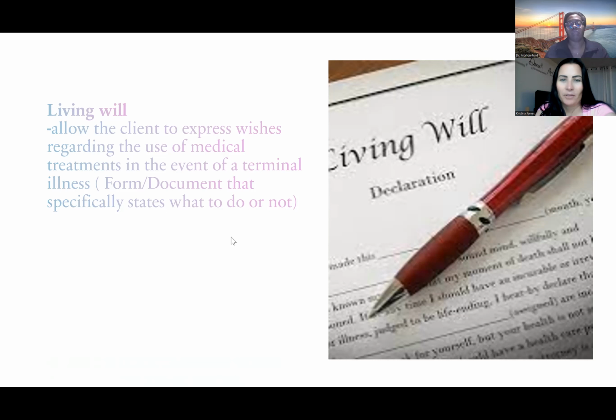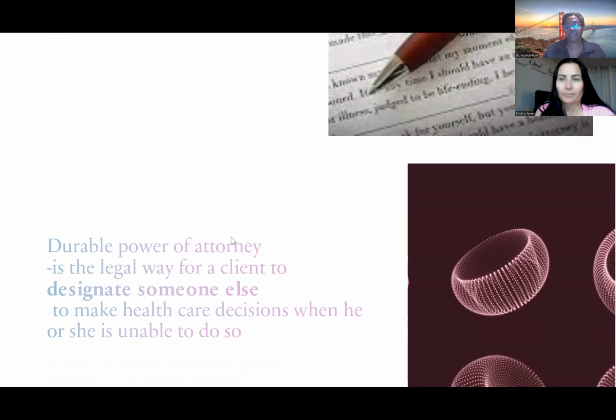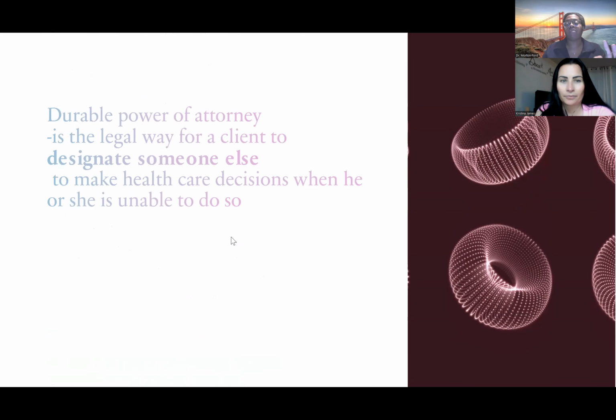They would have it while they're still maybe healthy, not necessarily before they pass. It is a document in writing that specifically expresses what that patient's or client's wishes are. Now, a durable power of attorney is someone who has been designated to make those decisions.